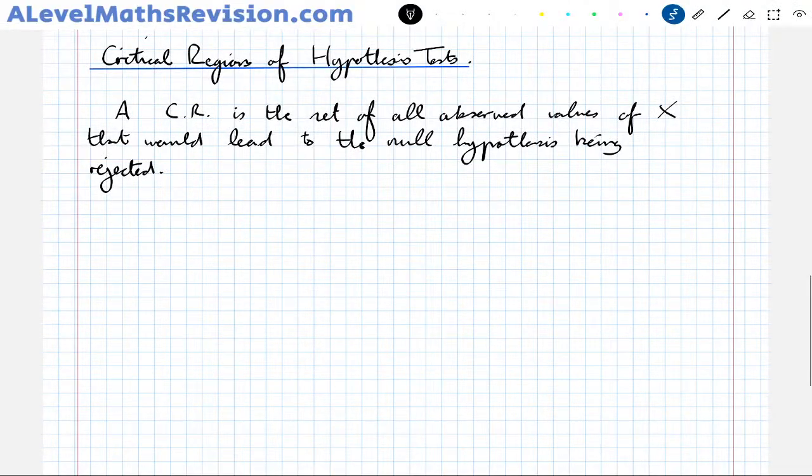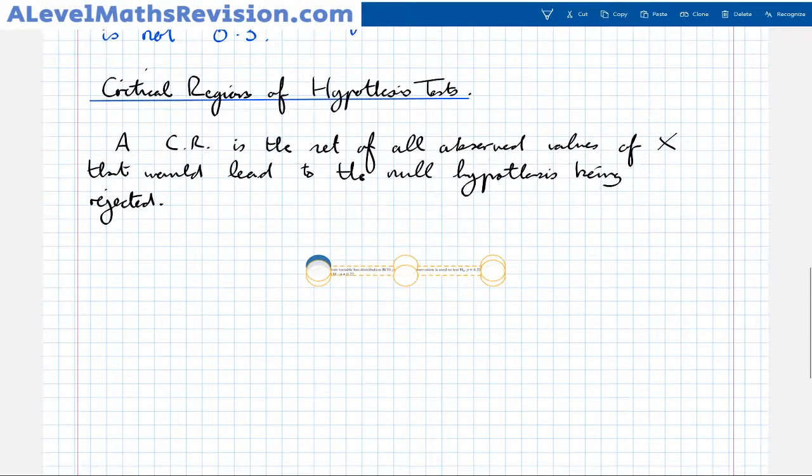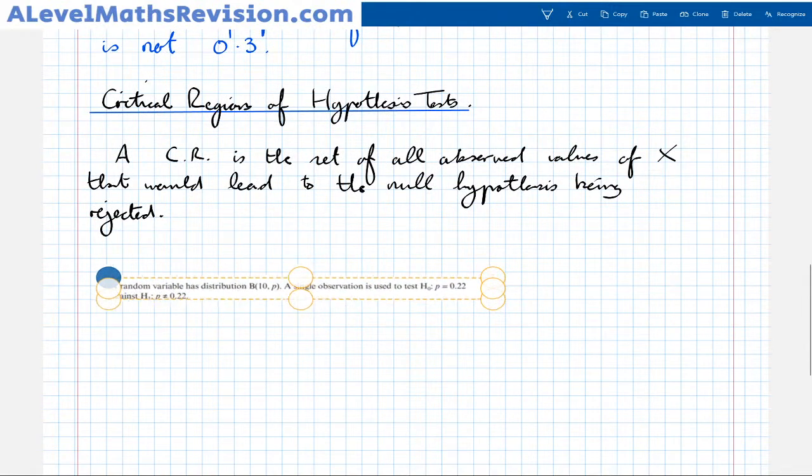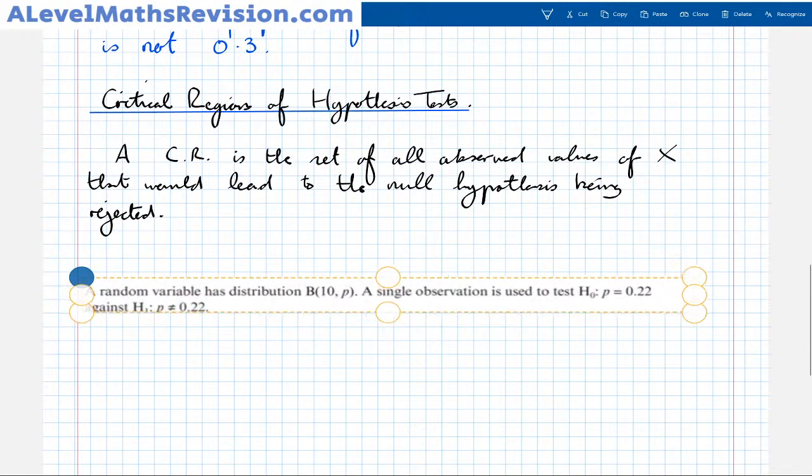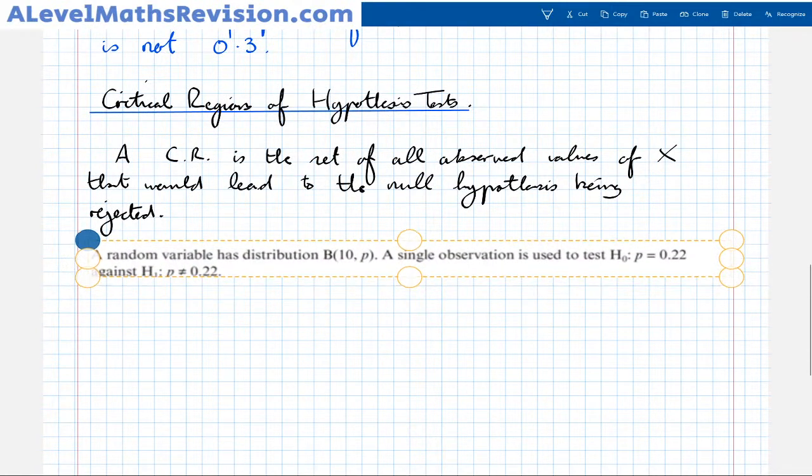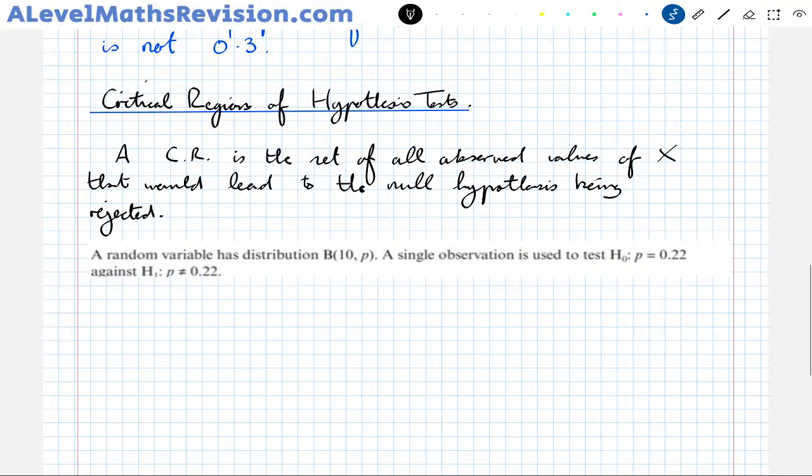So let's take this example here. There's no context to it. It says p is not equal to 0.22.